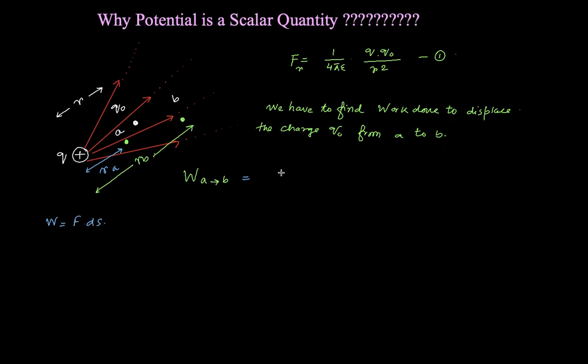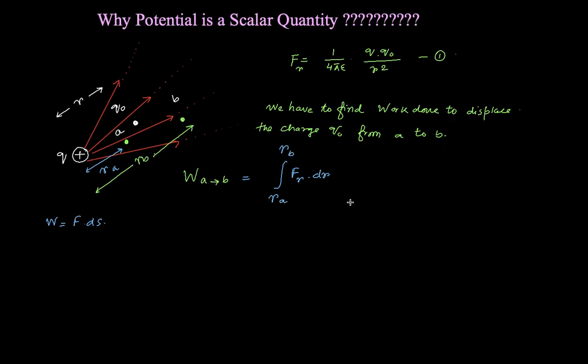Here the distance is denoted by r, so we can say the integration of F dot dr, with the integration limit from ra to rb.